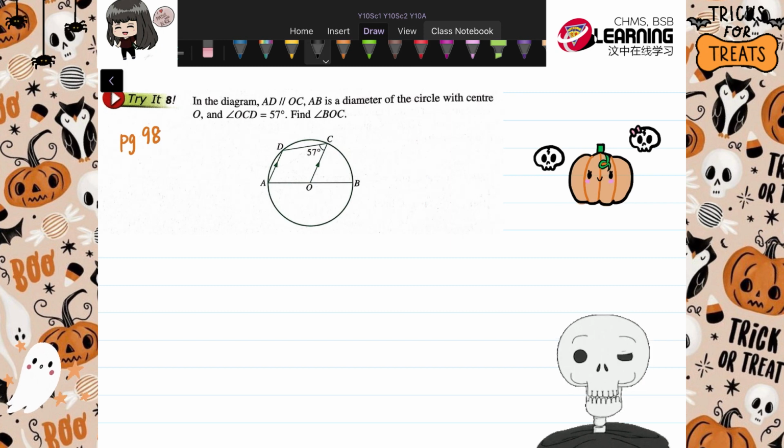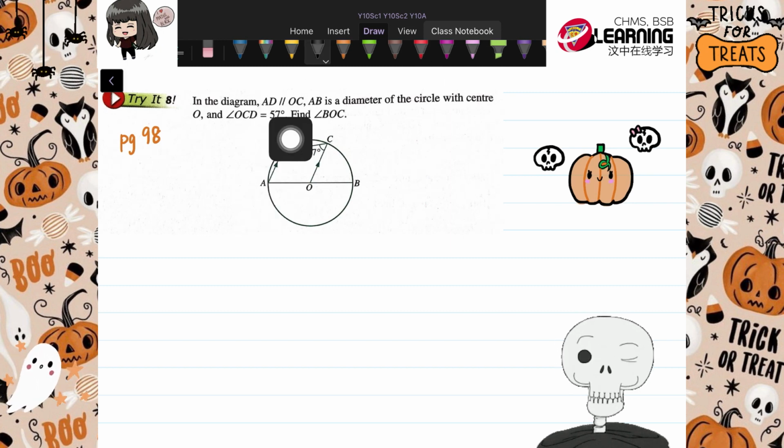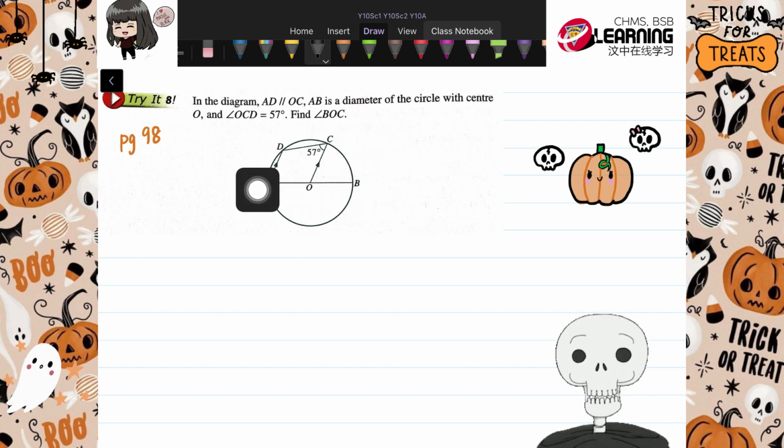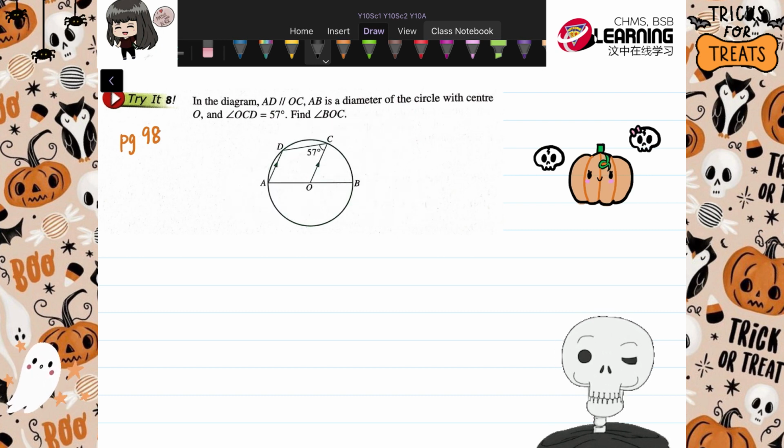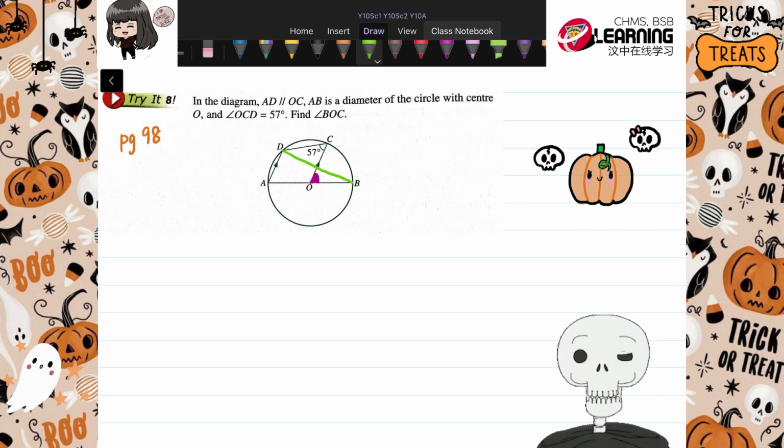Now we have AD parallel to OC. These two are parallel. AB is the diameter, and we need to find BOC. BOC is this angle here. To find this angle, we actually need to draw another line, which is this, to find the angle of COB or BOC.